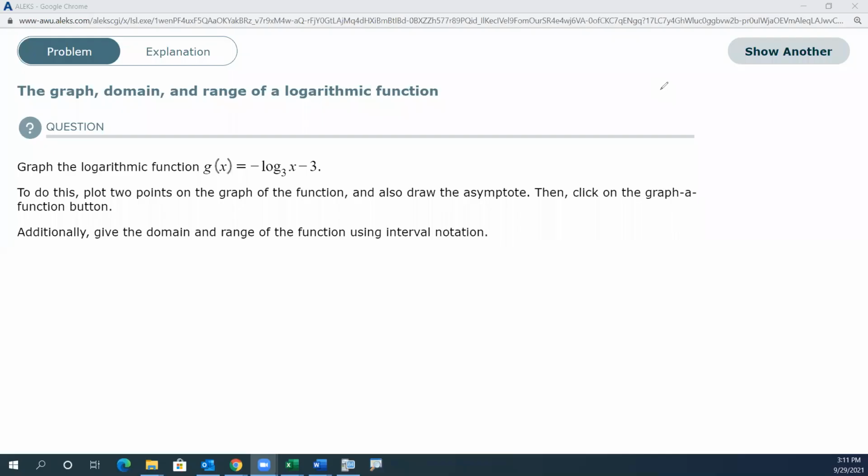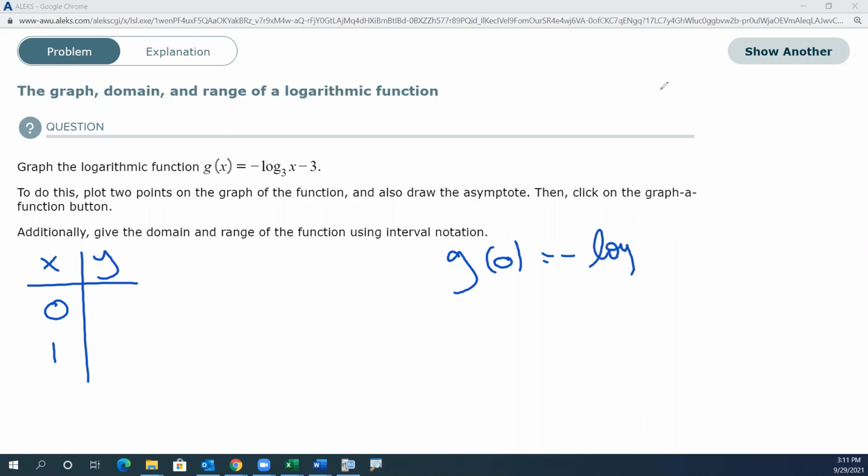Okay, on this one, we're graphing, but you're being asked to graph on Alex. So they're only saying you only need 2 points. So I don't know, let's pick 0 and 1, I guess. Those work pretty good. Okay, so g of 0 is going to be negative log base 3 of 0 minus 3.